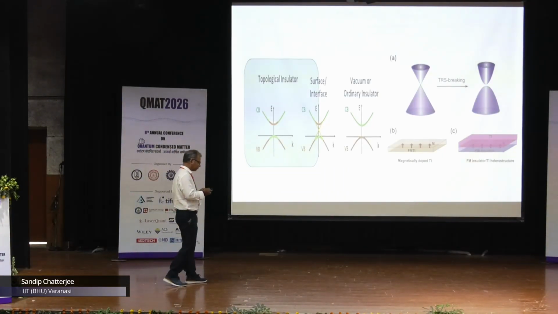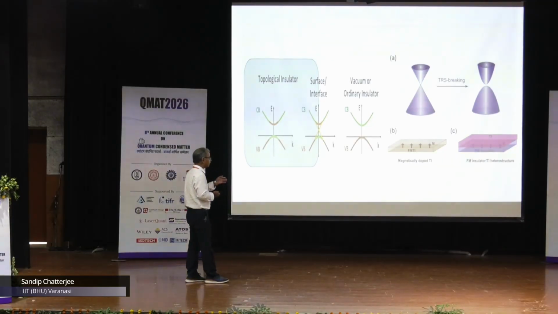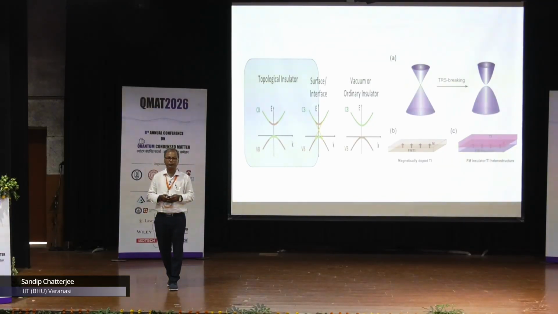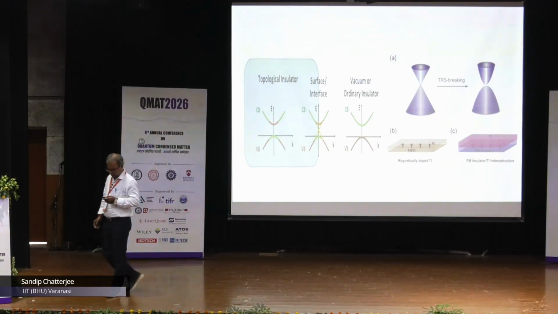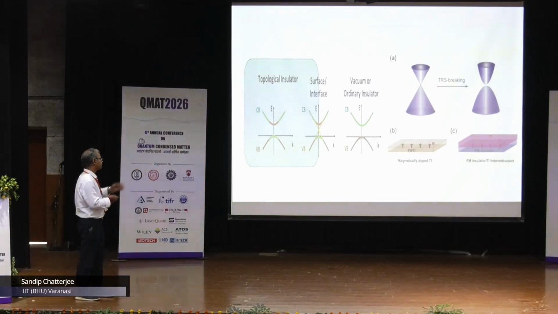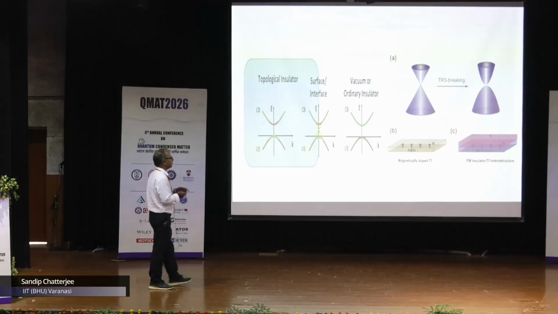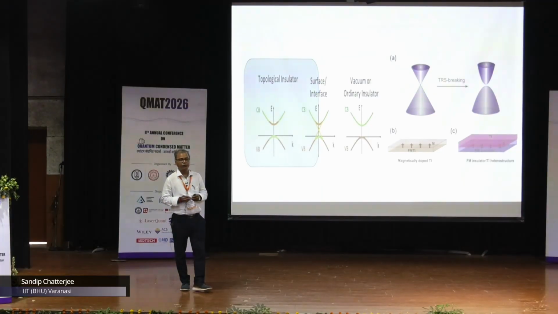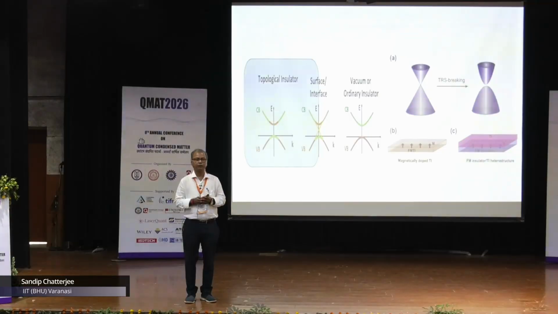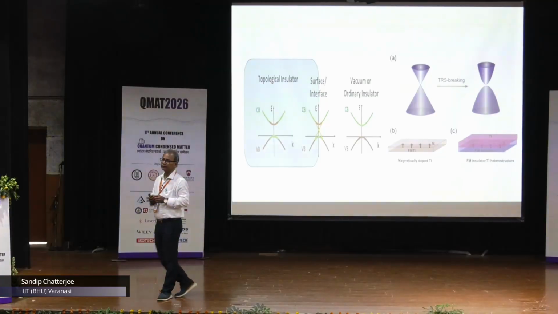Already many talks have been given. So next we will discuss MnBi2Te4. Many talks have already discussed topological insulators, so I am not going to discuss those things, but I will only say that in a topological insulator the surface state is conducting while the bulk state is insulating, and there is a Dirac cone.